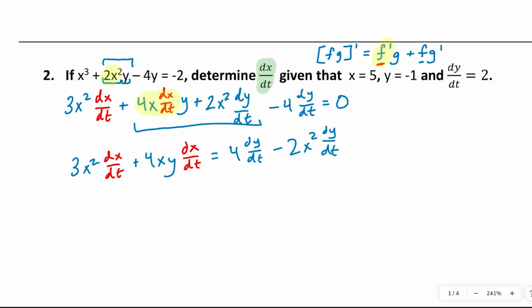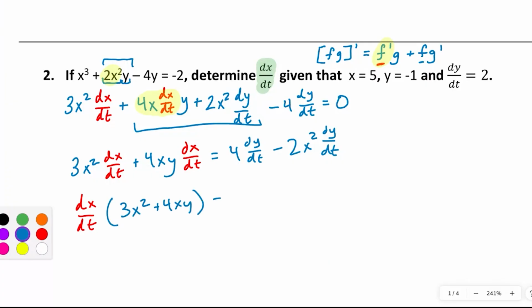Now at this point, I've got two dx dt's. I'm trying to isolate that, so I need to factor those out as a greatest common factor, the dx dt. I'm getting a little closer here to our answer. And you can factor out the dy dt if you want. It's not really necessary for this problem because we're just going to be plugging in a number into it.